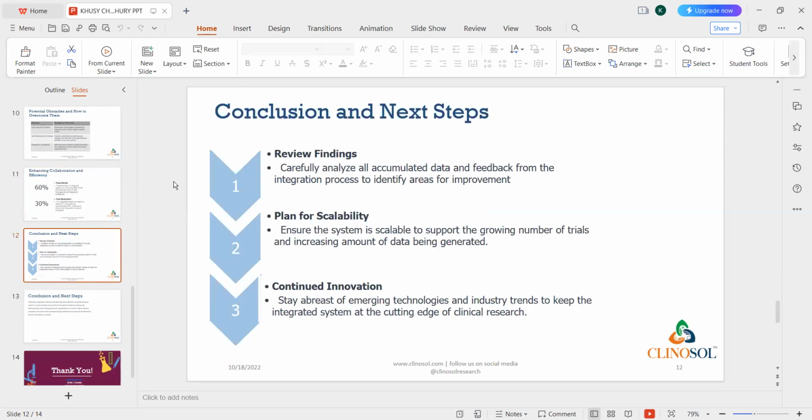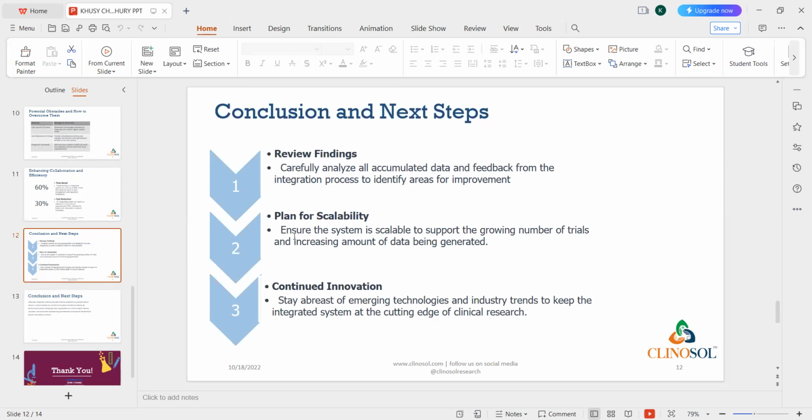Coming to the next slide, which is conclusion and next steps. Steps are reviewing findings, plans for scalability, continue innovation. Review findings: carefully analyze all accumulated data and feedback from the integration process to identify areas for improvement.